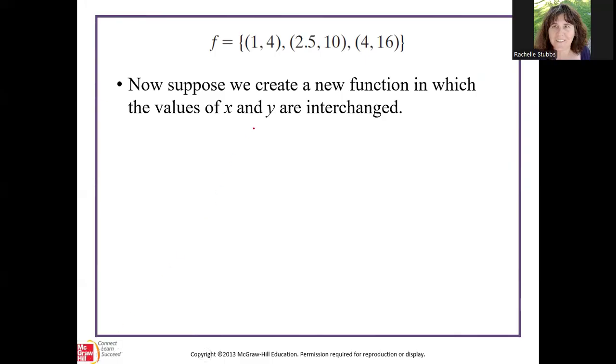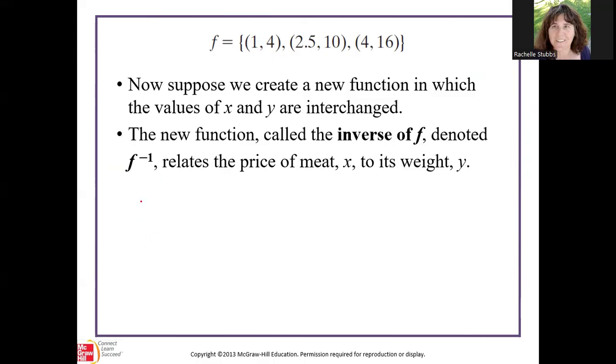But what happens if we changed it? What if, instead of 1 being x, we move it over to the y value, and instead of 4 being y, we move it to the x value? That would be called an inverse function. We write that as f inverse, where -1 means inverse, and it relates the price of meat x to its weight, where before it was weight to price.